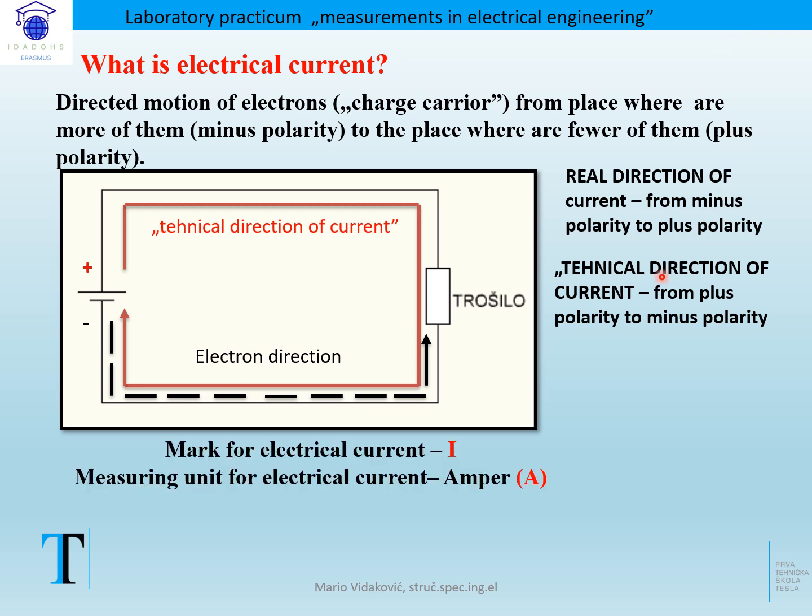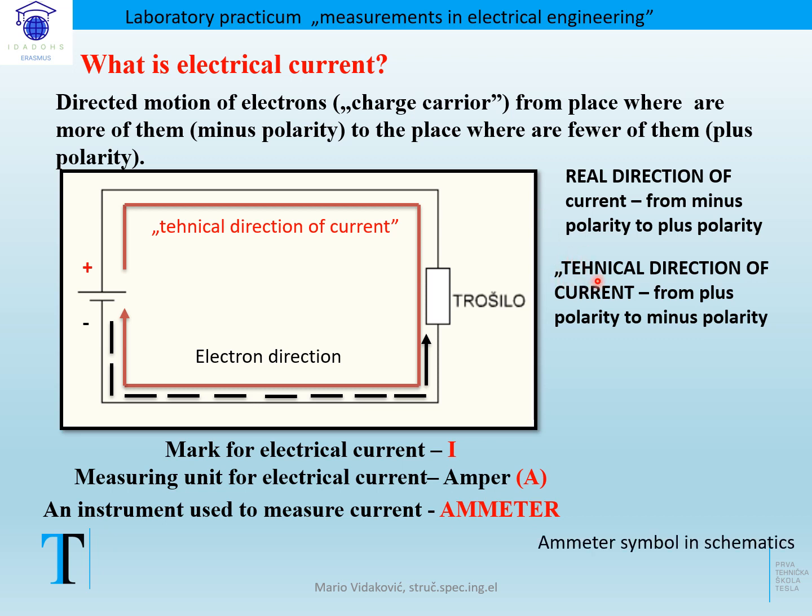The mark of the electrical current is the big letter I. The measuring unit for electrical current is the ampere, with a big A letter. An instrument used to measure current is the ampermeter.